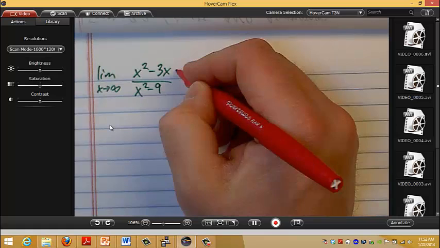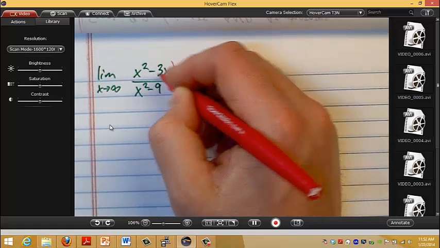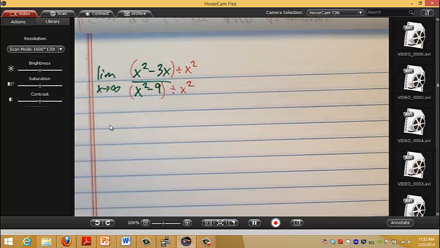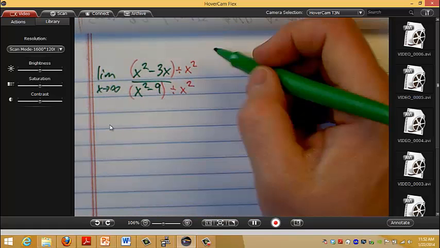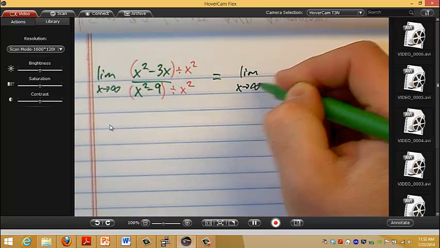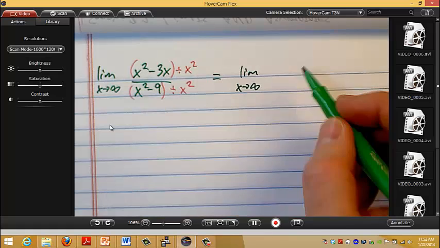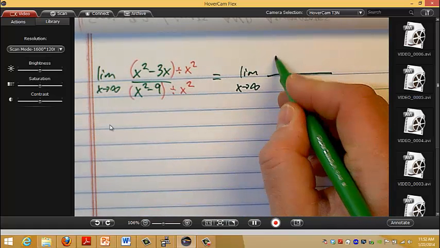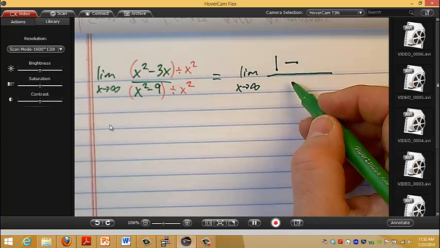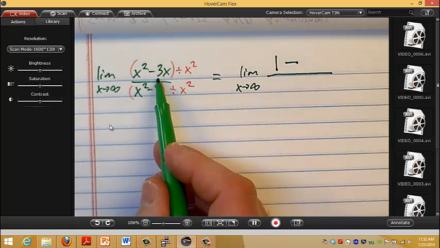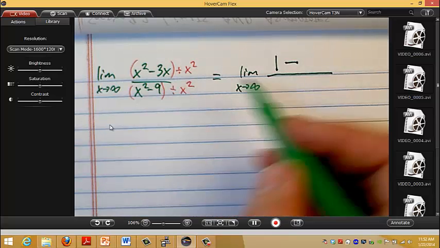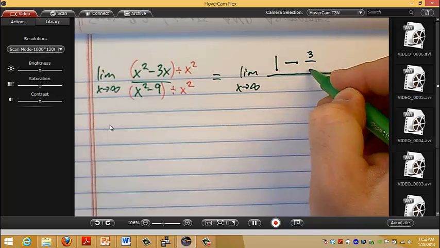We're going to divide the top and bottom by x squared. Watch what happens. You get the limit as x approaches infinity. Now what's x squared divided by x squared going to give me? 1. Minus, now here I have 3x divided by x squared. Are you guys okay if I write that as 3 over x?